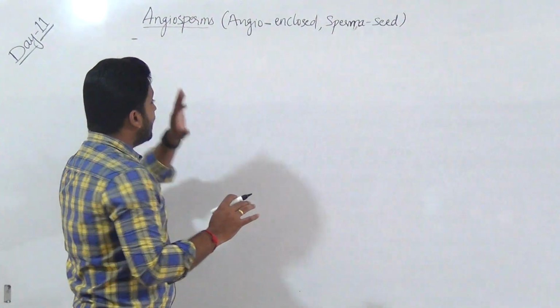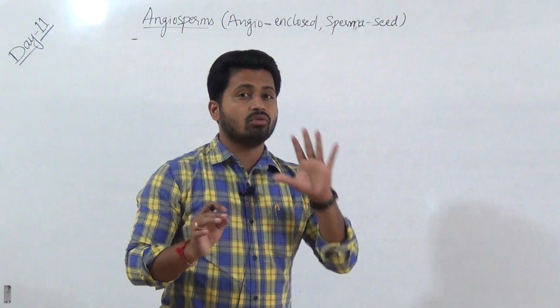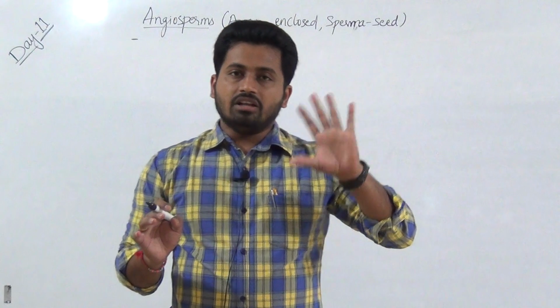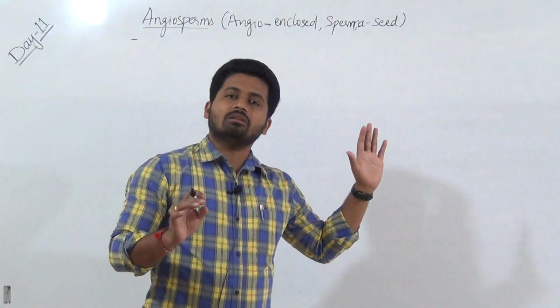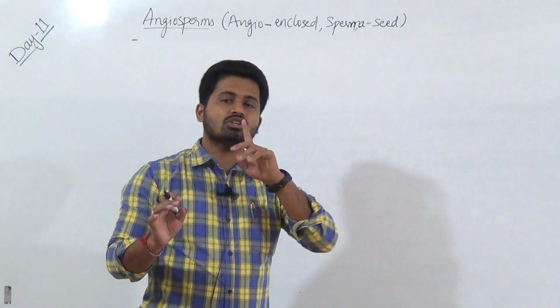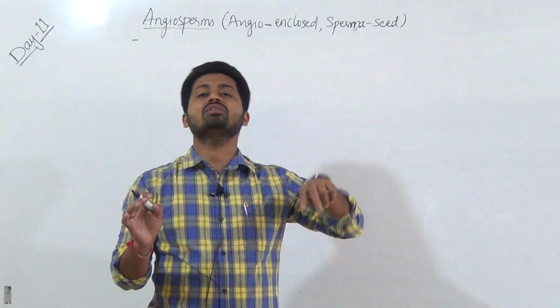Now the main difference, an extra feature you have to add, is that they are flowering plants. Among cryptogams and phanerogams, gymnosperm is only seed bearing, but this is seed plus flower bearing.